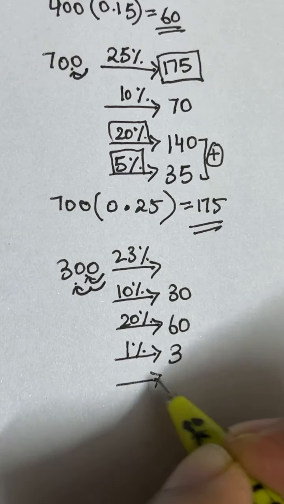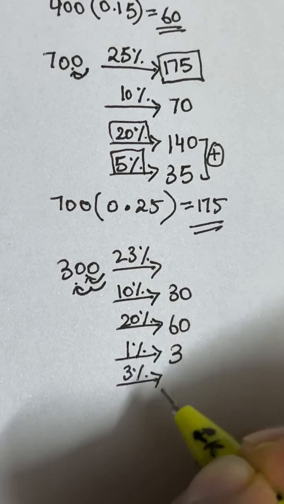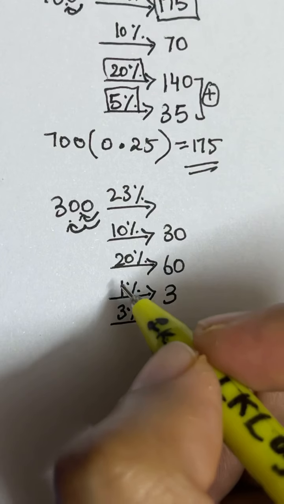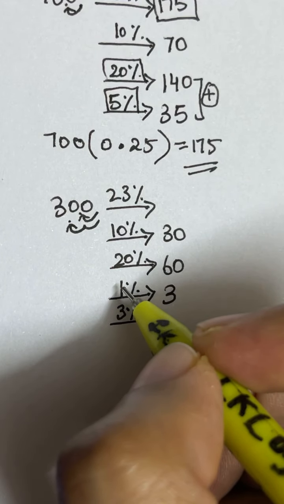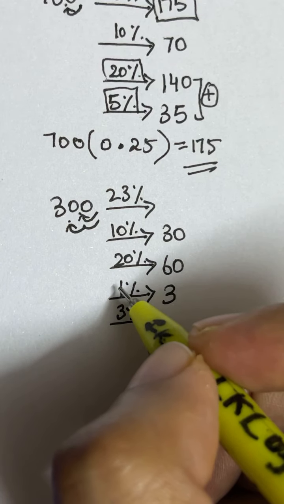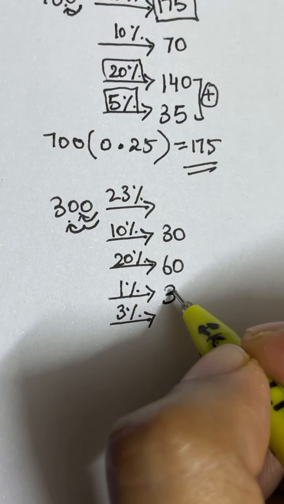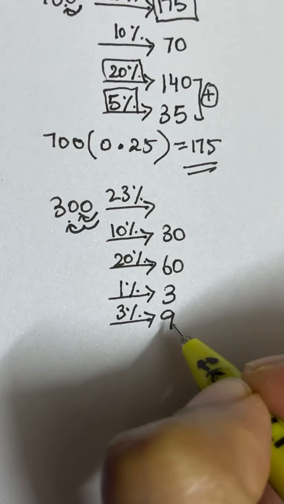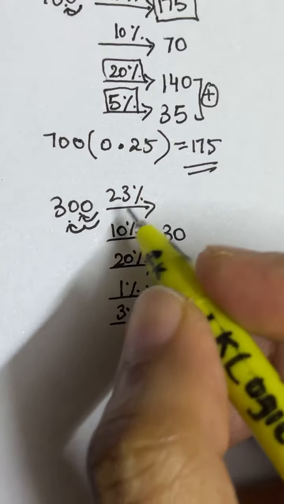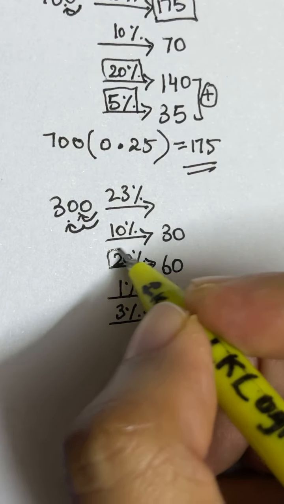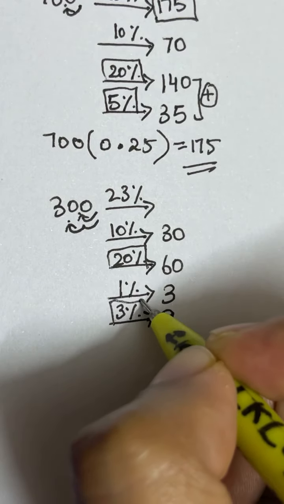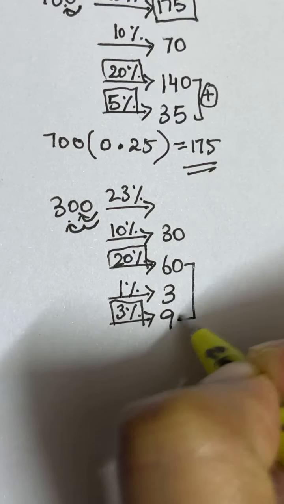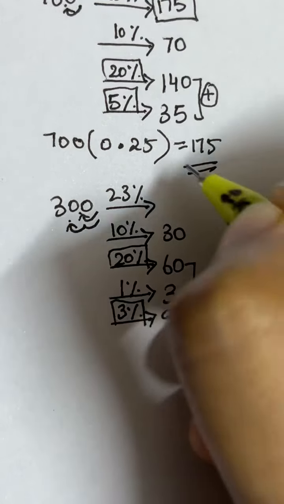And now next we have to find 3%. For 3%, you just have to multiply 3 times 1. So 3 times 3 gives you 9. So 3% of 300 is 9. Now what are we going to do? We need 23%. So you just need 20% and 3%. So just add 60 plus 9. That will give you 69.